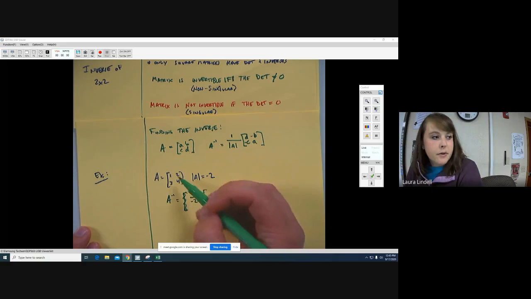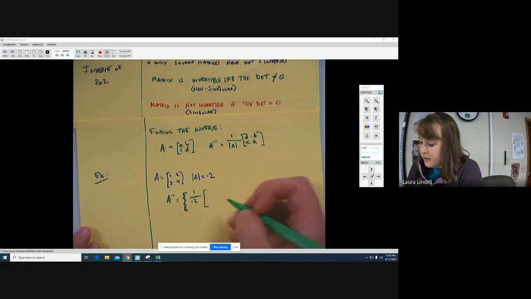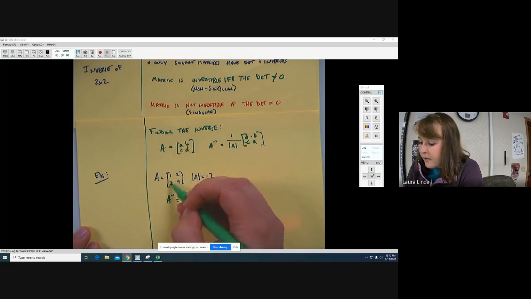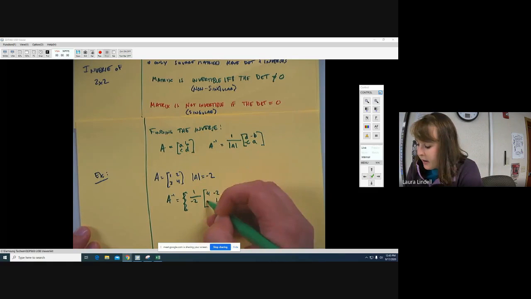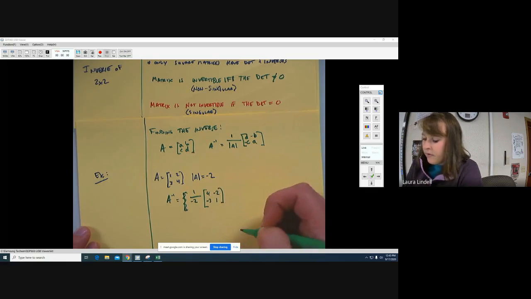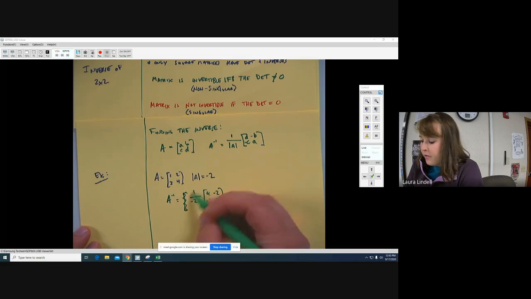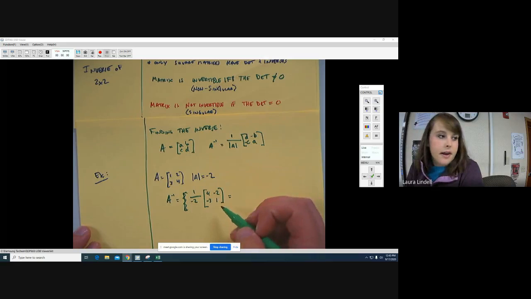So the first thing we want to do is switch the ones on the diagonal. So 1 and 4 are going to trade places. And then we make the ones on the other diagonal negative. So -2 and -3. Okay, then we multiply through by this 1/2, or -1/2.